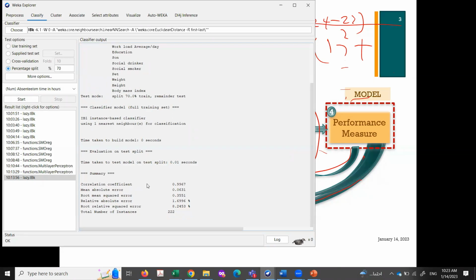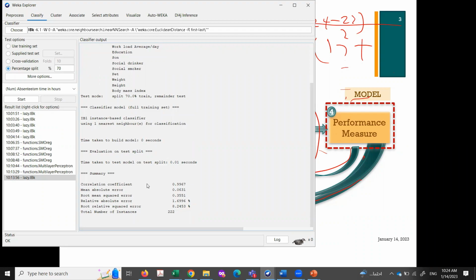Otherwise, you can't compare your work with someone who already worked in this area and possibly got it published in a very reputable journal. Then you need to follow that pattern so that you can compare your work to be able to see what you have gotten. However, it is flexible. There are very common ones like correlation coefficient and root mean square error. But that doesn't mean that in some areas they don't also consider relative absolute error.